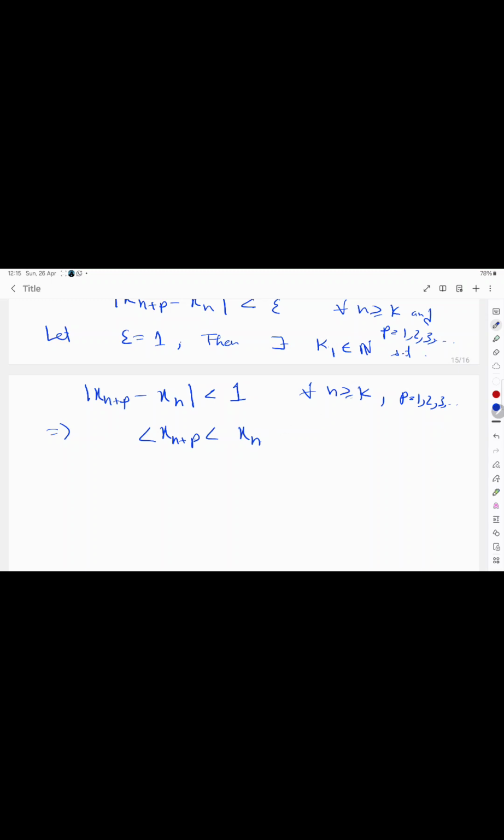In particular, if you put that value m here, you have xm+p minus xm. So xm is some fixed number.